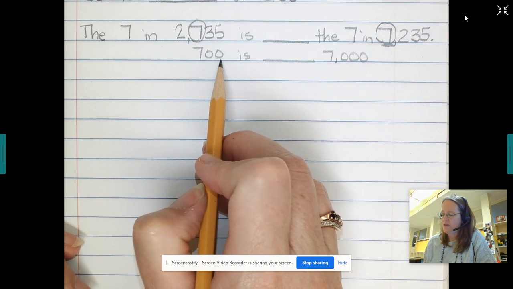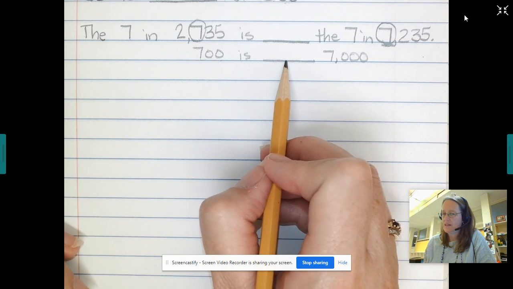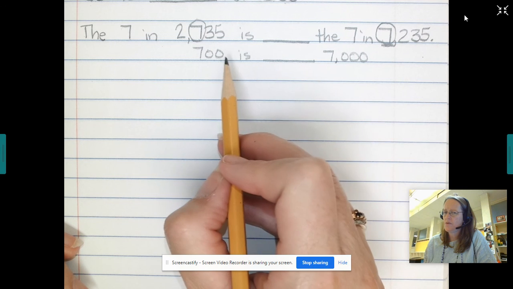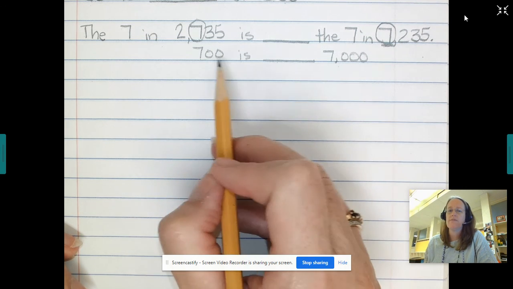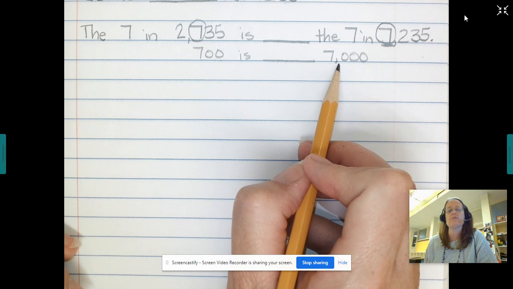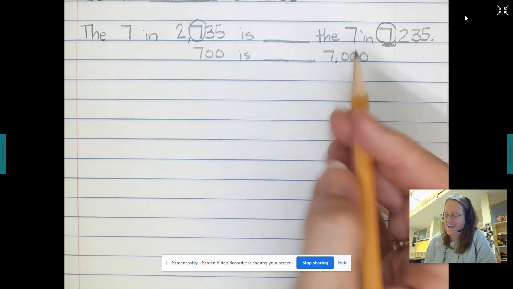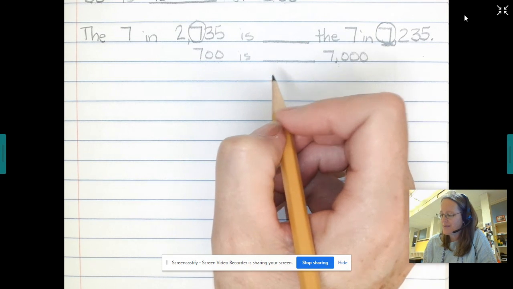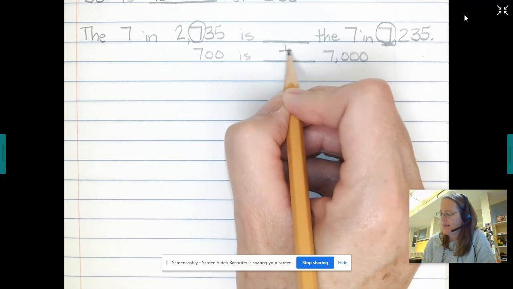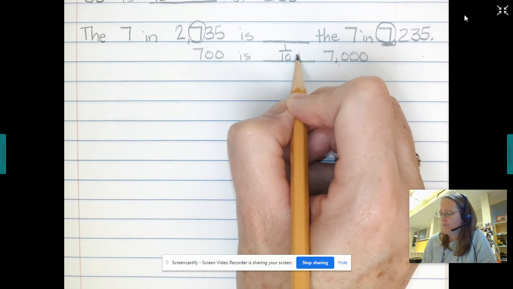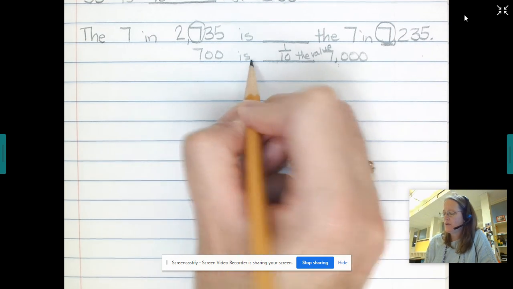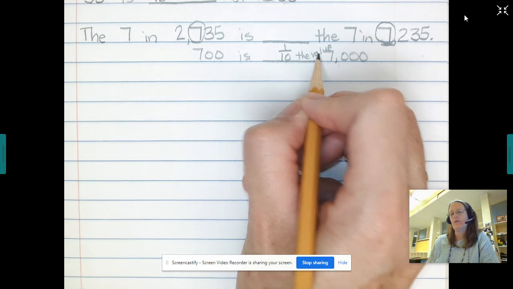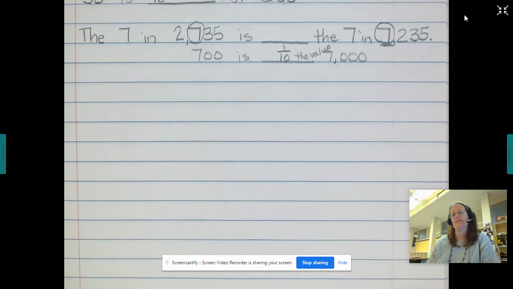So 700 is less than 7,000, or 700 is greater than 7,000? Yeah, it's less. How much less? It's 1/10 the value. Okay, 700 is 1/10 the value of 7,000.